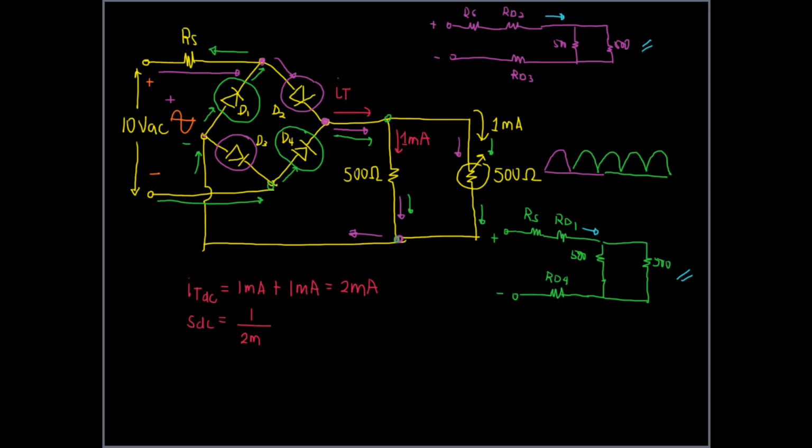In fact, I shouldn't have erased also the S_AC because it's technically equal. So we have solved this one already. So 0.9 of 1 over 2 milli, which is 4,500. There. So what has changed?